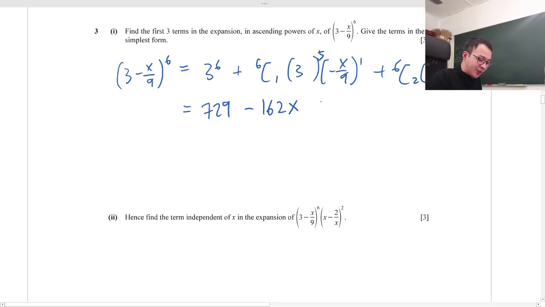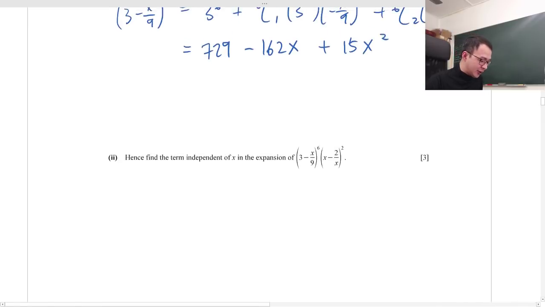And then I will do the same thing. This one should be plus, so I will do 6c2 multiply 3 power of 4, and then multiply 1 over 81, because 9 squared is 81, right? Then I will get 15, and then this is x squared because you have to square this thing, or else you can just do it step by step.